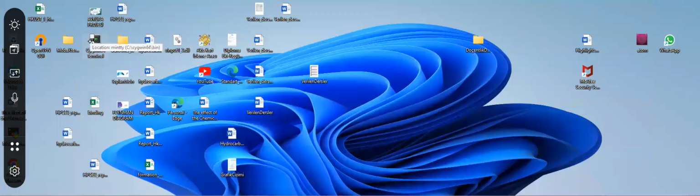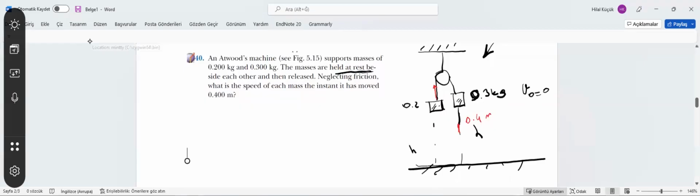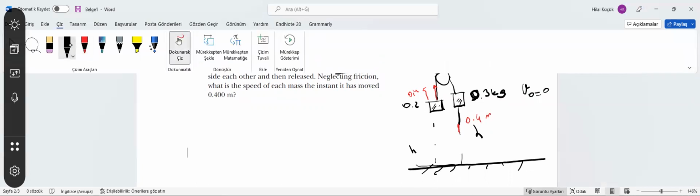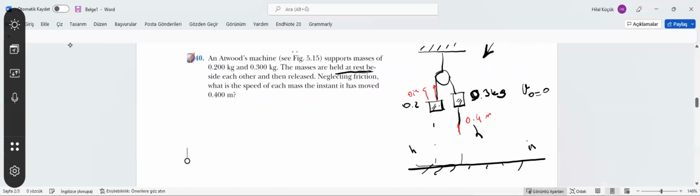I'm sorry. This part must move up 0.4. And their velocity will be the same. Maybe I need to draw this one to the left. This is the initial part. And I will draw the final part.